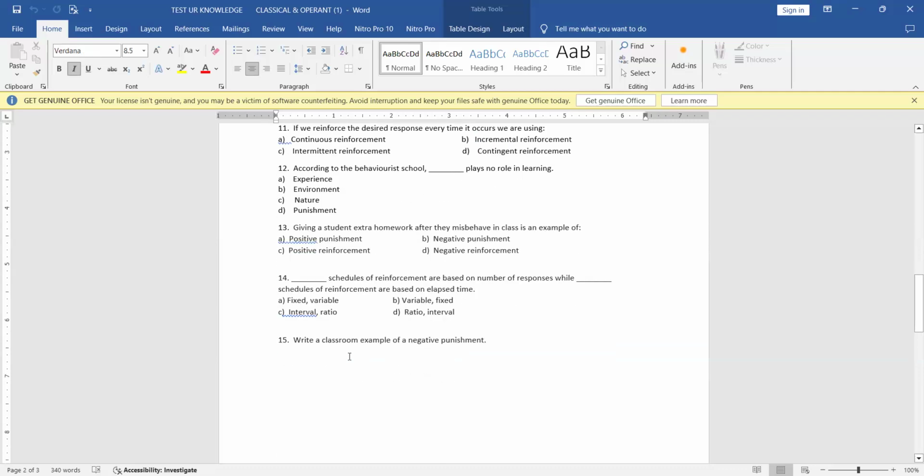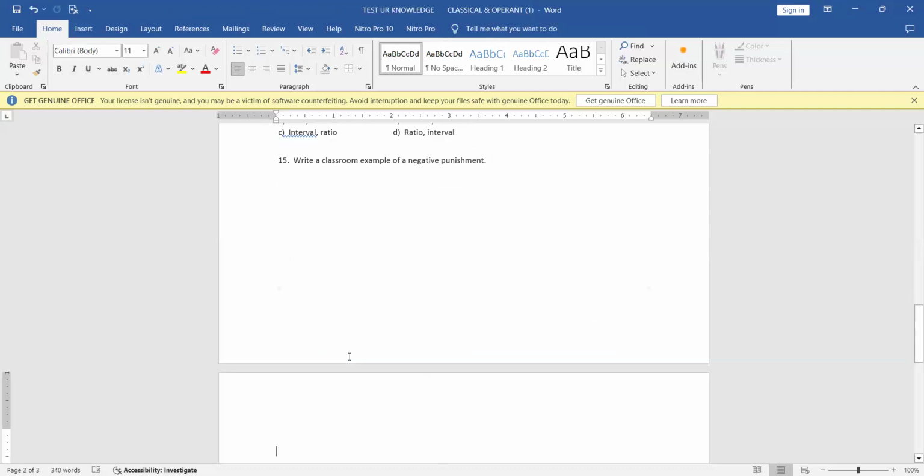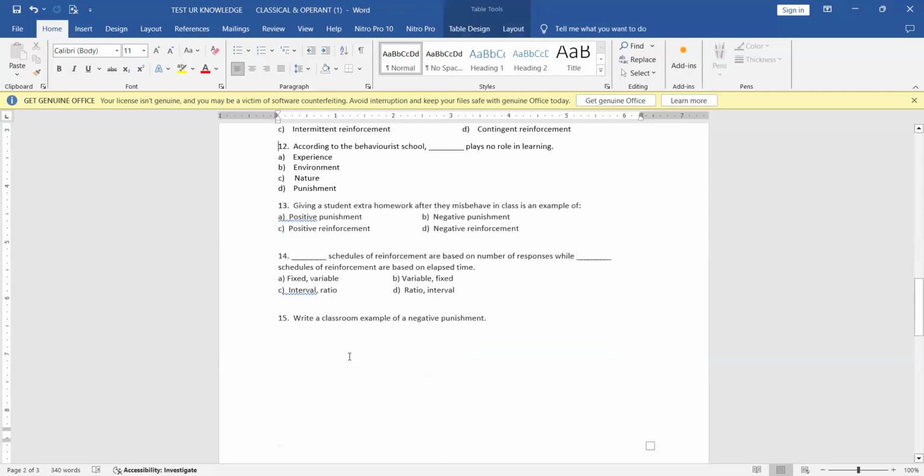Write a classroom example of a negative punishment. I think you can give me a classroom example. First, think: if it is punishment, there should be bad behavior. So what is the bad behavior? Shouting in the class.